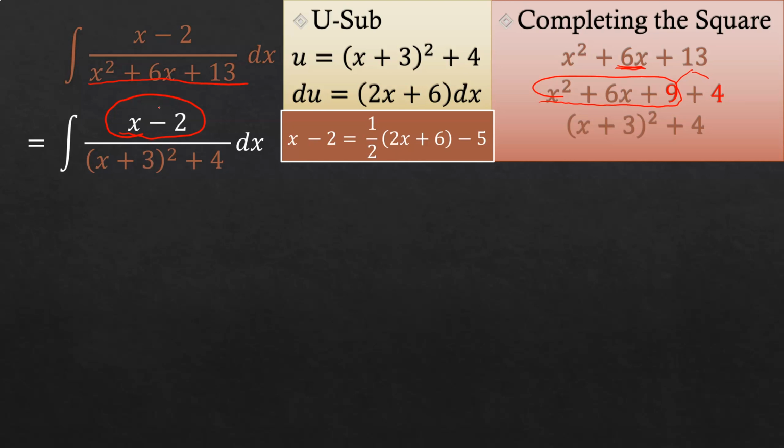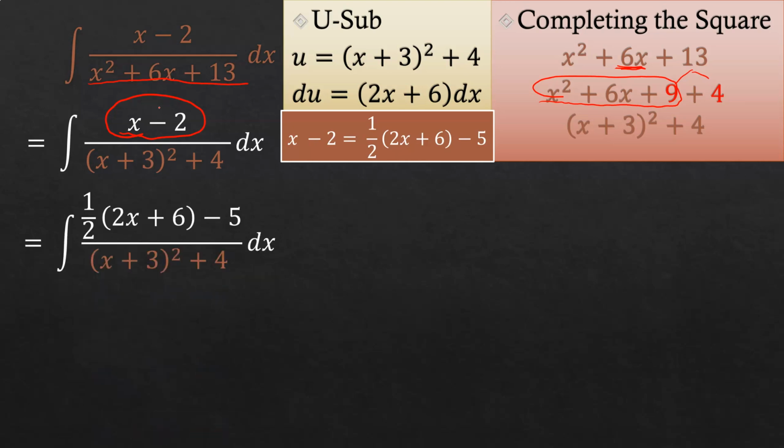All right, so now let's go ahead and rewrite the numerator. Okay, so there it is. And then I'm going to split this into two fractions because the reason why I went down this road is so that I can do a u substitution, right? U and du. But then what about the minus 5?